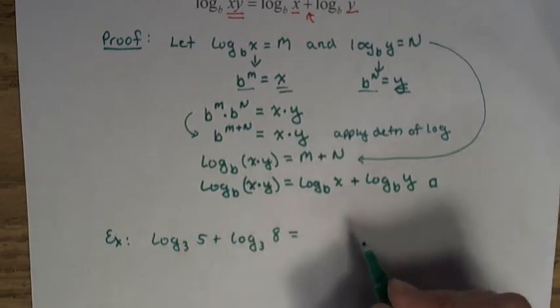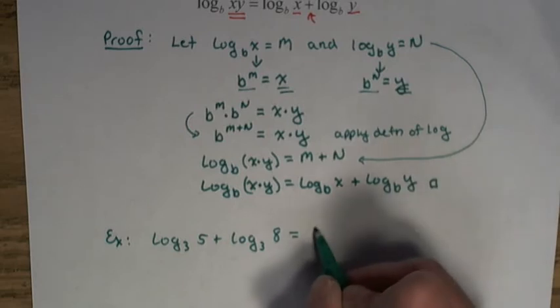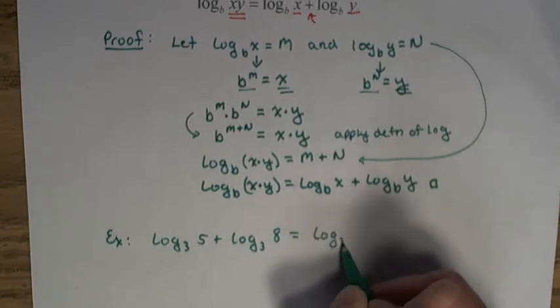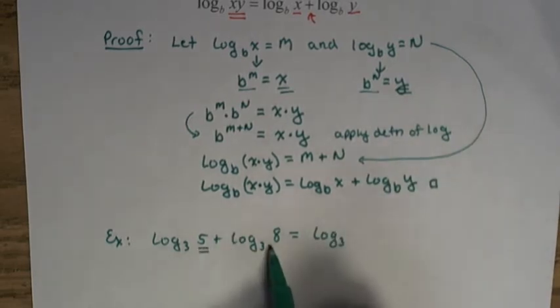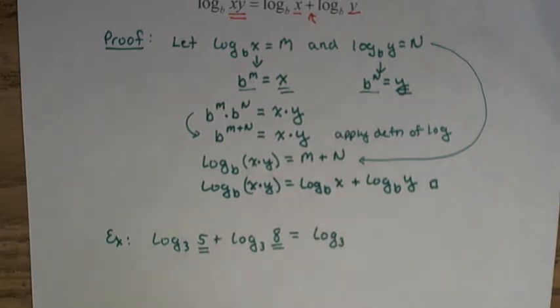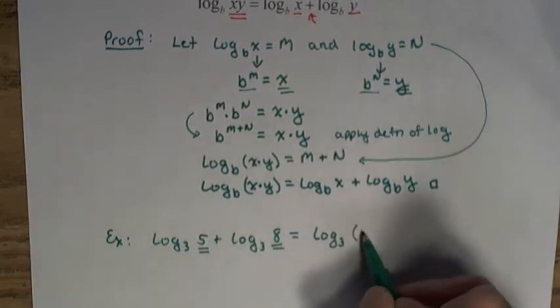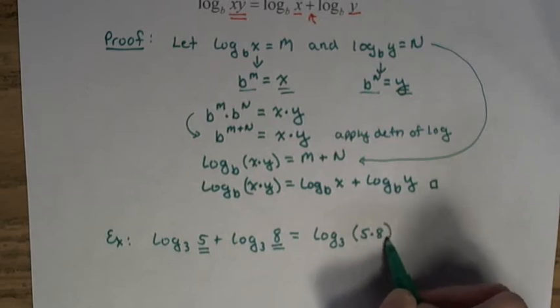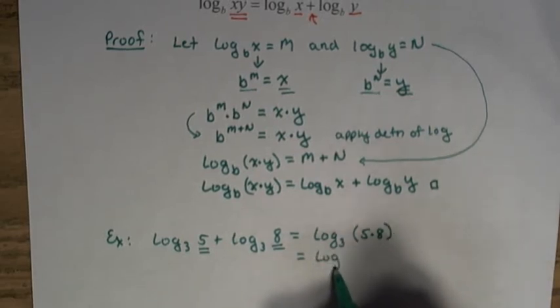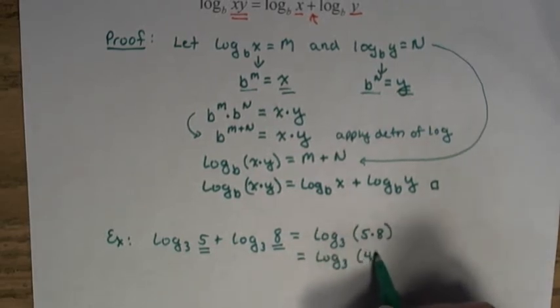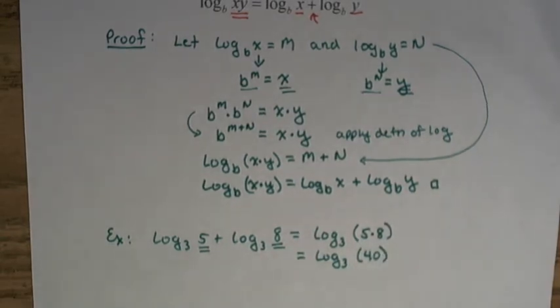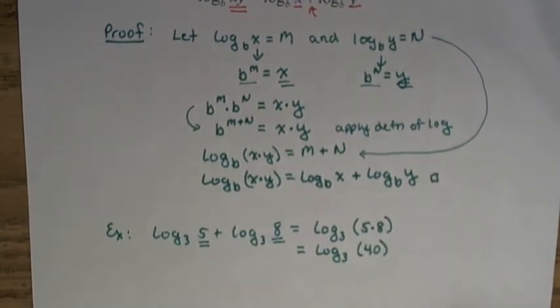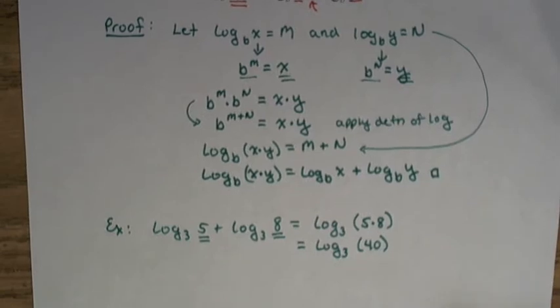So to do that, I would end up having log base 3, and again, I take these two arguments, I multiply them together. So it's 5 times 8, which becomes log base 3 of 40. And so I can simplify it into a single logarithm.